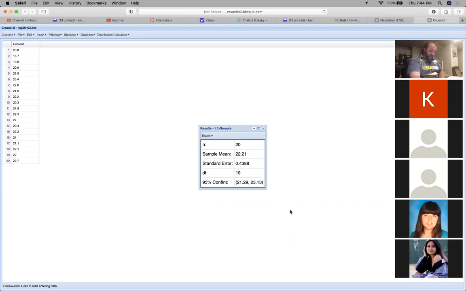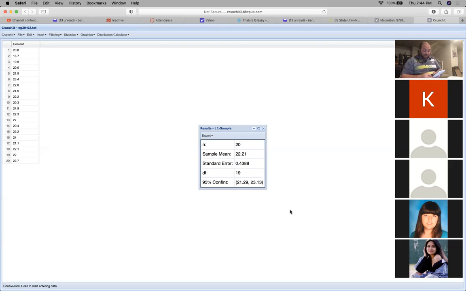Basically, the standard error is S over the square root of N. So when they give you the standard error, all you have to do is multiply that by the square root of 20. And that will give you the sample standard deviation. Let's just show that it gets the same 1.963 that it did before.